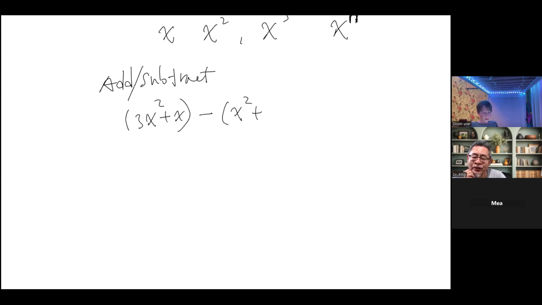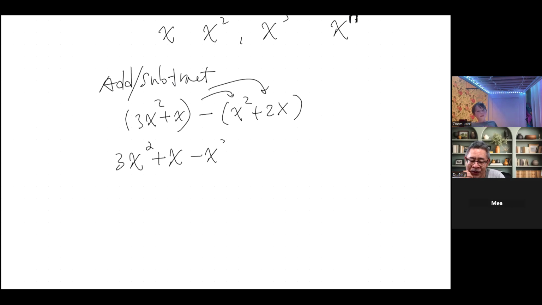Now, of course, first thing we're going to open up the parenthesis. So 3x squared plus x, and this one minus, so we got negative x squared minus 2x. And then we can combine like terms.